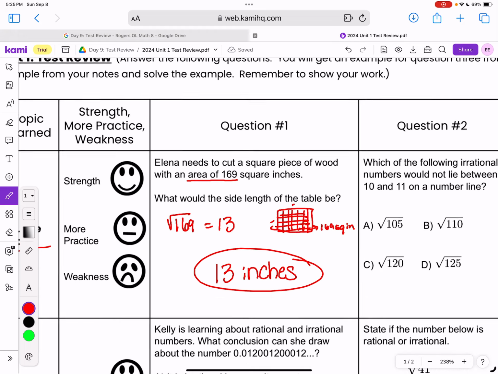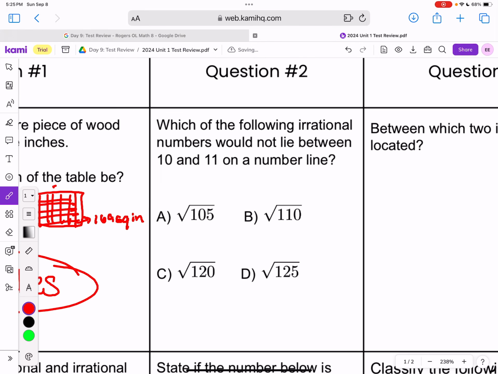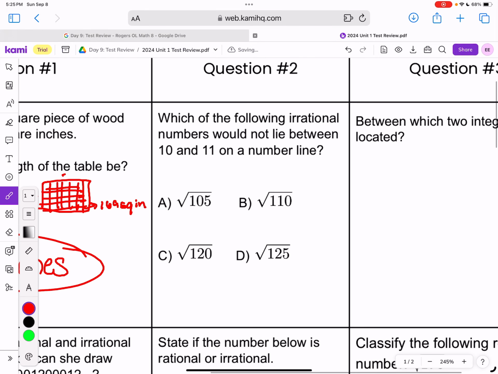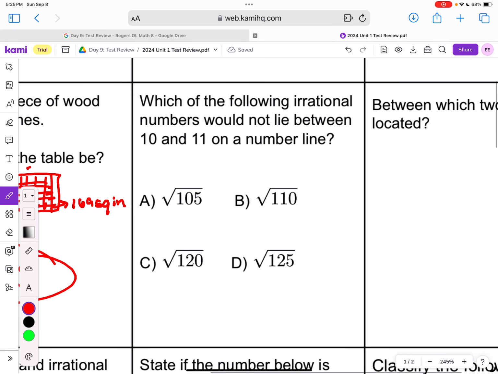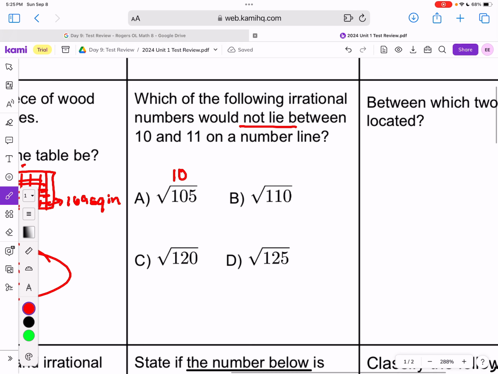Let's take a look at question number 2. The next question says, which of the following irrational numbers would not lie, keyword not lie, between 10 and 11 on a number line? So we have 10, about 10.2 here. This one is about 10.5. This one is 10.95. And this one is 11.2.